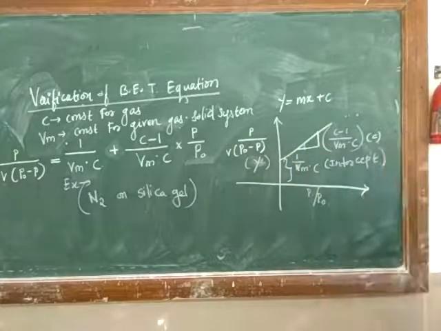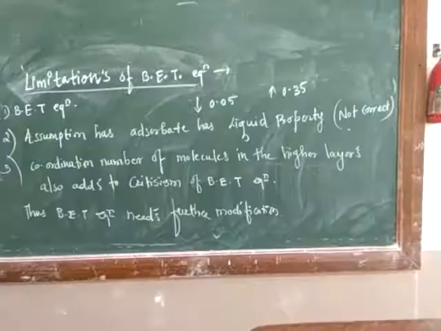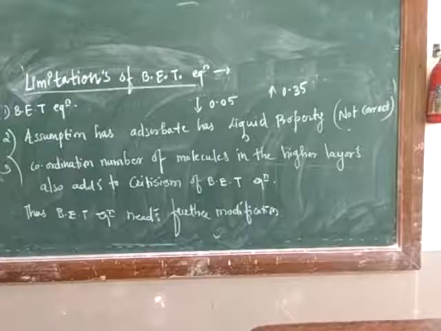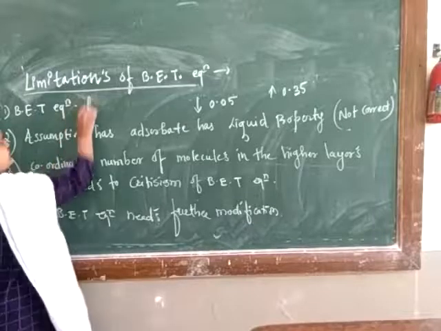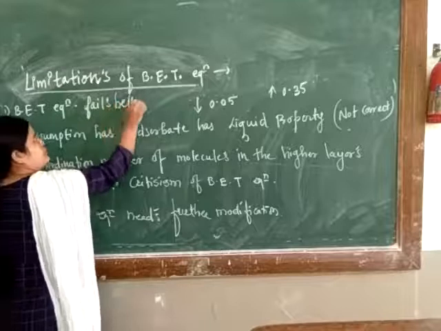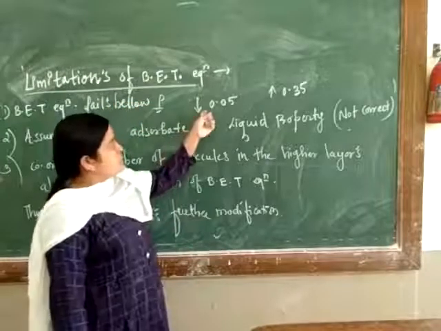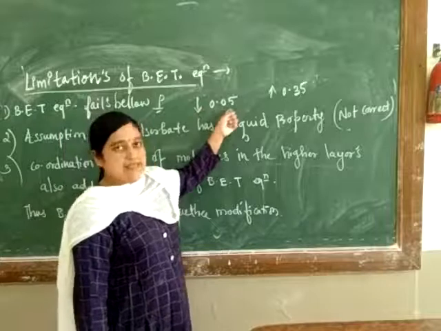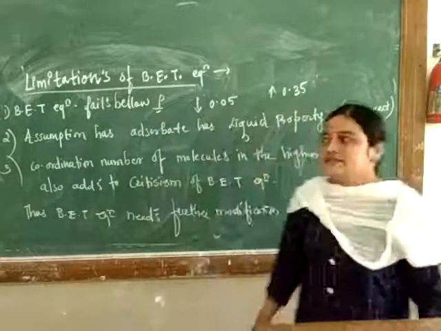Next we see the limitations of the BET equation. The BET equation fails below a relative pressure of 0.05, where it is invalid, and also above 0.35 it is invalid.